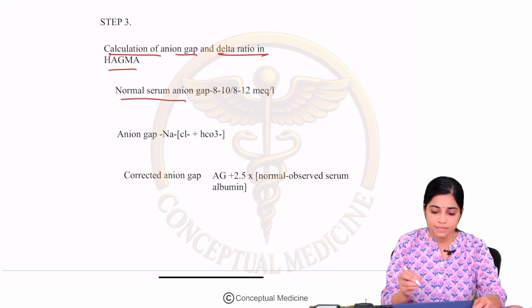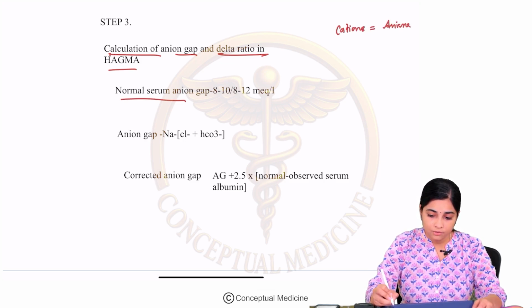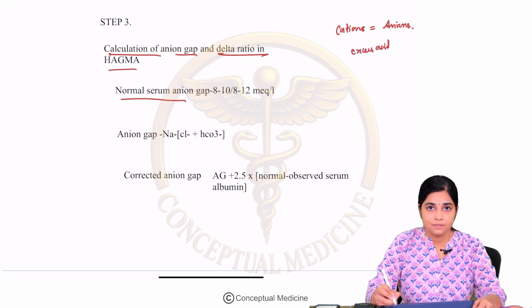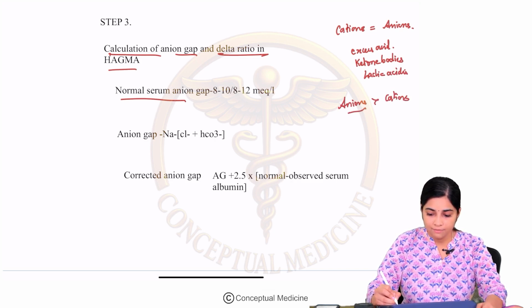So the normal serum anion gap, just a refresher, we know that the number of cations is equal to the number of anions. So when there is excess acid from outside like ketone bodies, or maybe because of sepsis there is lactic acidosis, then the number of anions become more than the number of cations and you develop an anion gap.